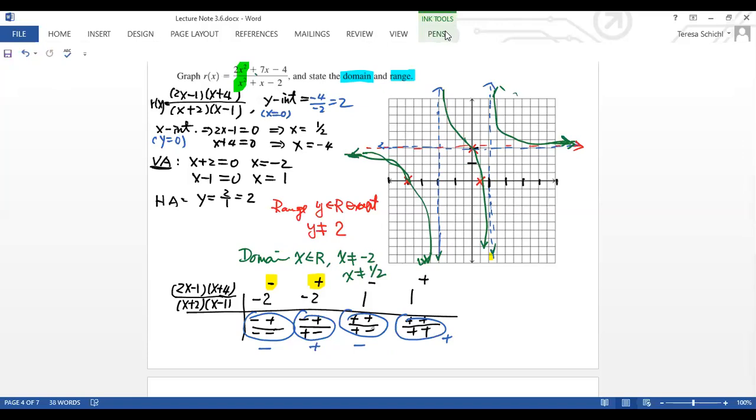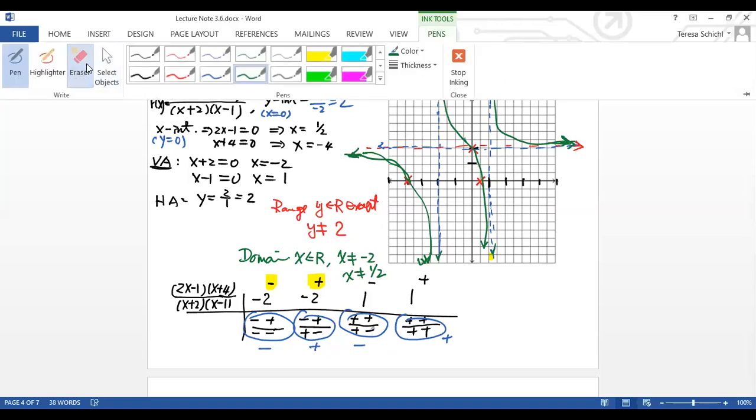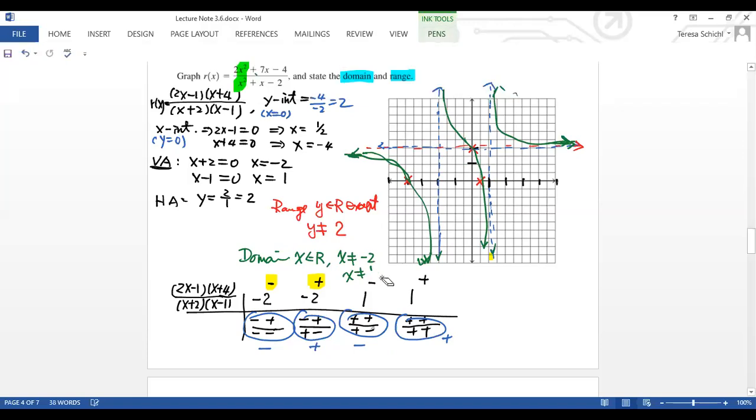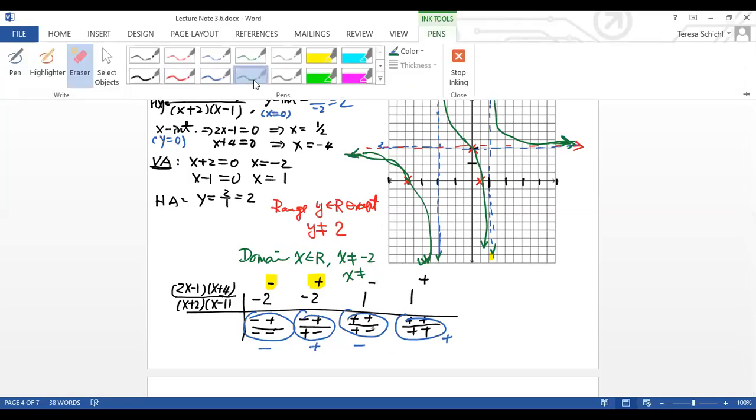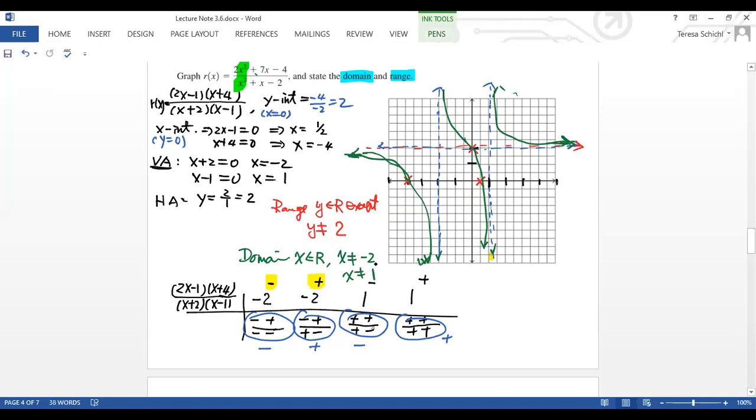I'm sorry, the vertical asymptote is 1. All right, so that's basically the domain and the range. For the range, you need to get rid of the horizontal asymptote. For the domain, you need to get rid of the vertical asymptote.